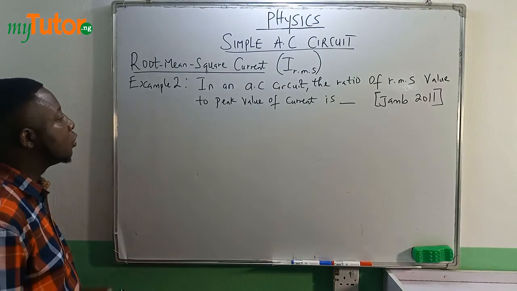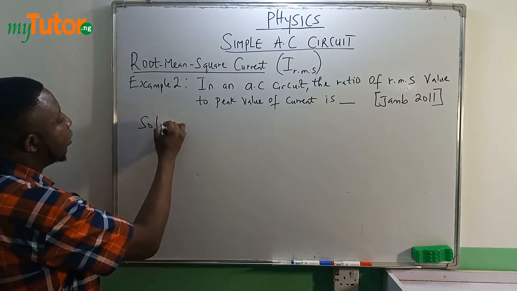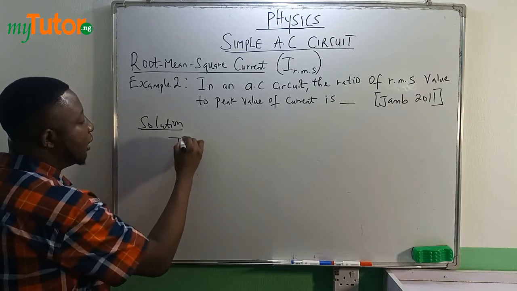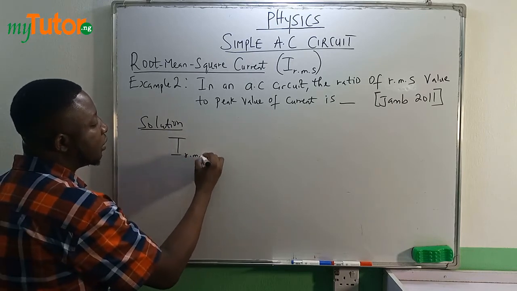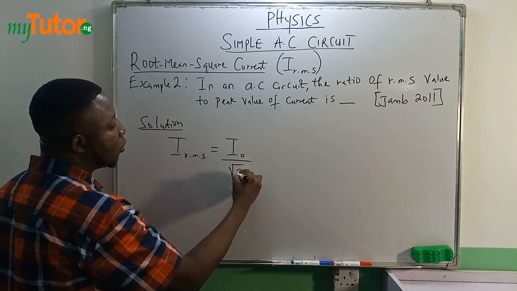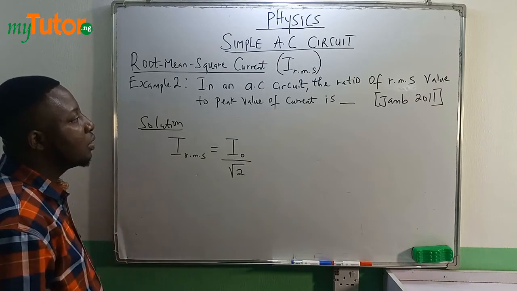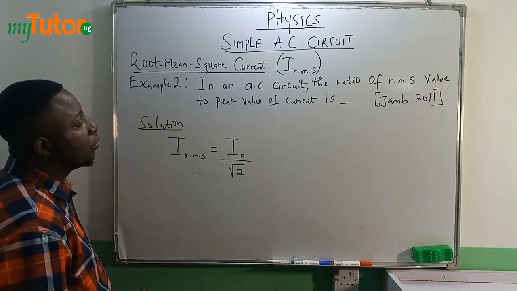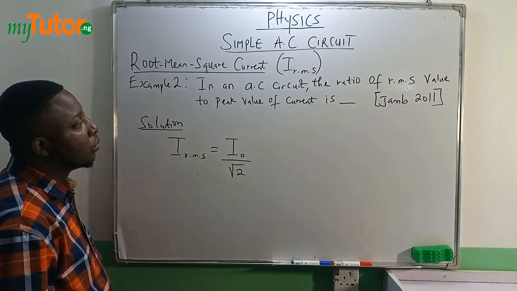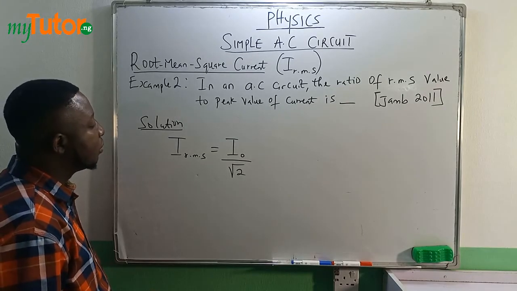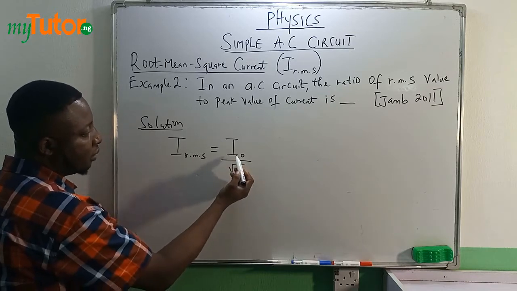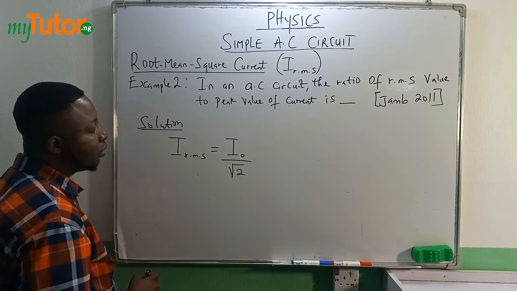To solve this question, we need to recall the formula for root mean square current. We know that the root mean square current, that's the IRMS, is equal to the peak current divided by square root of 2. We're asked to find the ratio of root mean square current to the peak current. So what we need to do is to divide both sides by our peak current.